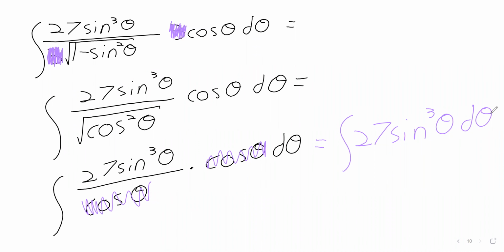Odd powers of the sine were what we were doing last section. So we should be able to deal with this sine cubed. This 27 can just go out front and get out of our way.